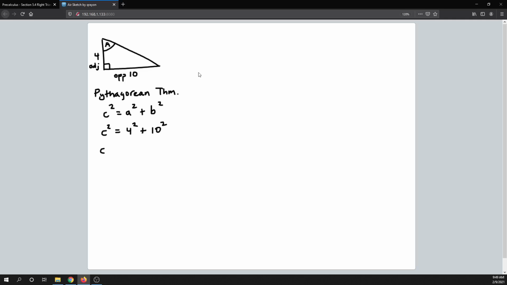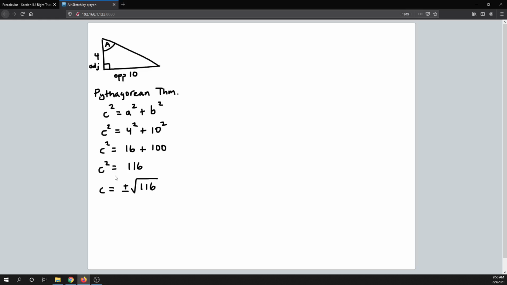All right, so we need to work this out. So 4 squared is 16. 10 squared is 100. So I get c squared equals 116. All right, and so c would be equal to plus or minus the square root of 116. And here I put the plus or minus right on here because there are 2 solutions to this equation.